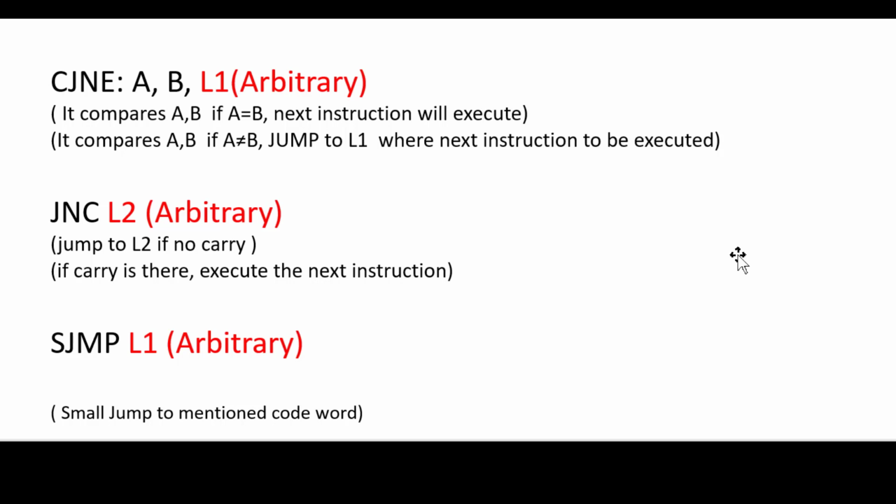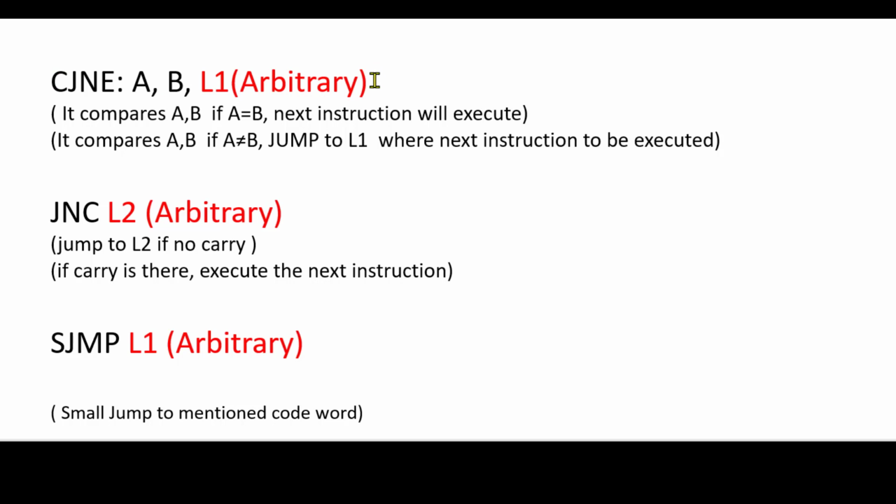The moment you write CJNE A, B, L1, it compares both A and B. If A equals B, then it executes the next instruction without doing anything. If A is not equal to B, it jumps to the L1 location.